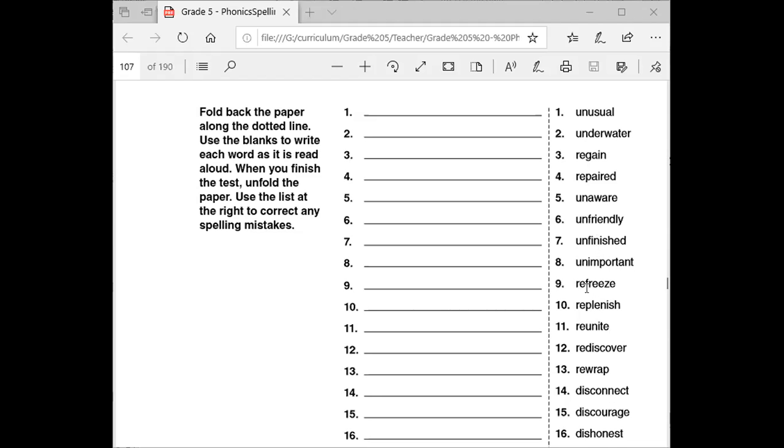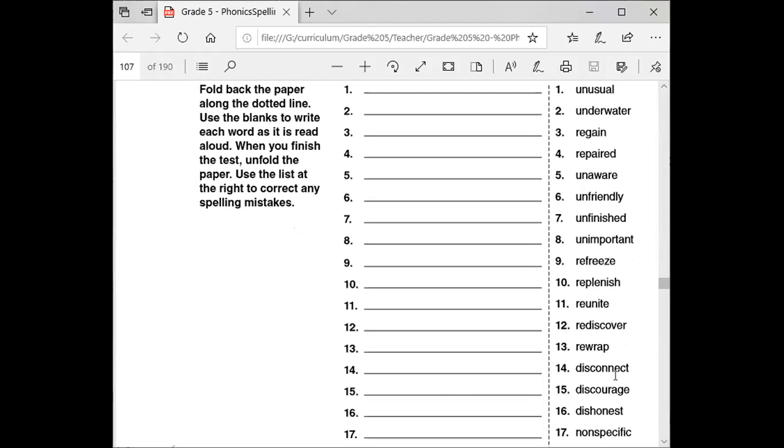Your prefix is re and your base word is freeze, meaning to solidify water. From a liquid, you place it inside the refrigerator and it becomes solid. Once you take it out, it will melt. If you would like to put it into a solid state again, you refreeze it by placing it inside the freezer.